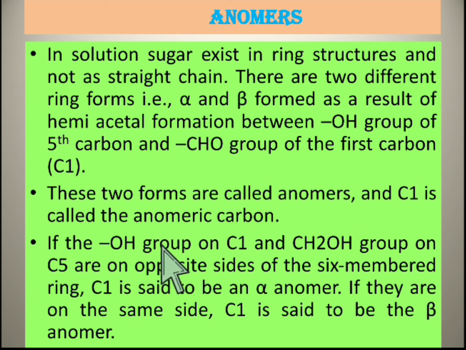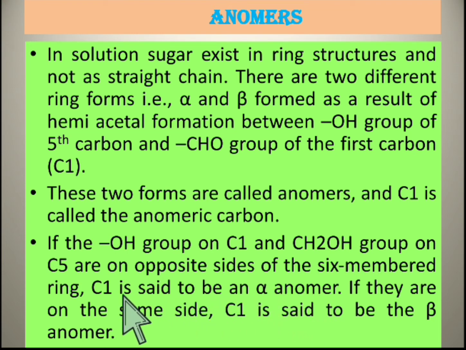Now, if the OH group on carbon 1 and the CH2OH group on carbon 5 are on the opposite side when this structure is formed, the opposite sides of the 6-membered ring, then carbon 1 is said to be an alpha anomer.